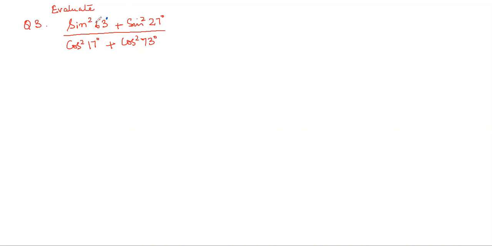So sine square theta, I'll assume 63 as theta. Now apply the formula sine theta is equal to cos of 90 minus theta. So if it is sine theta, you will convert it into cos of 90 minus theta. So this will become cos of 90 minus 63 degrees.